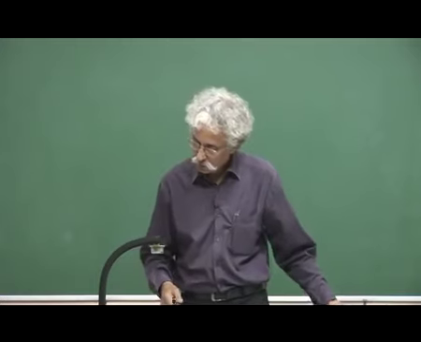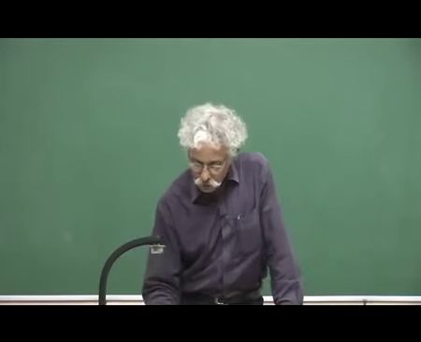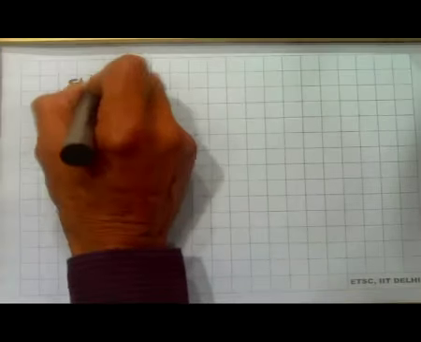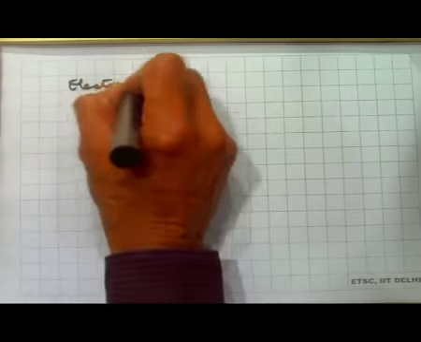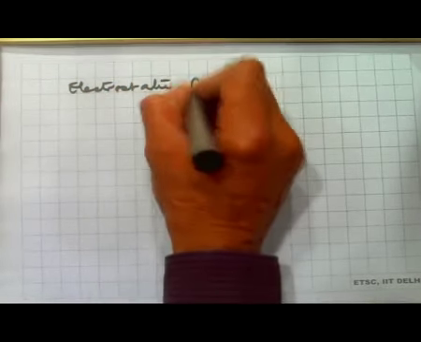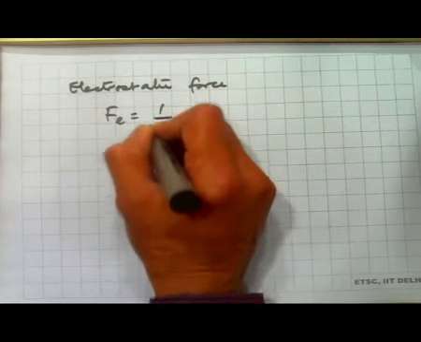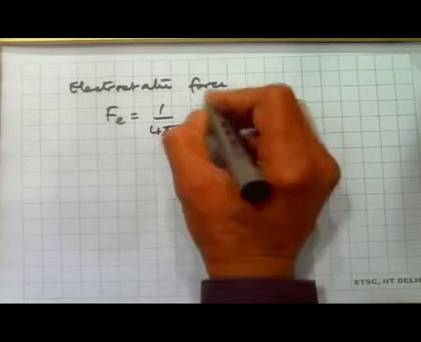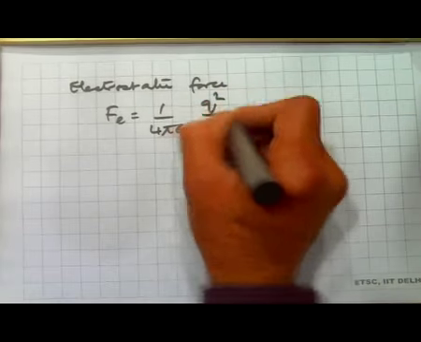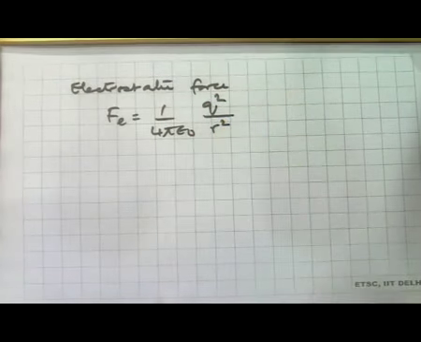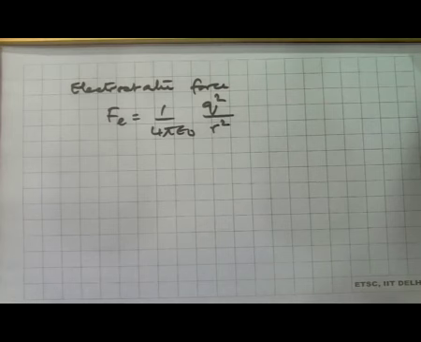So, the electrostatic force F_e is equal to 1 by 4 pi epsilon 0 q square by r square, where q is the charge on each alpha particle and r is the separation between the two alpha particles.